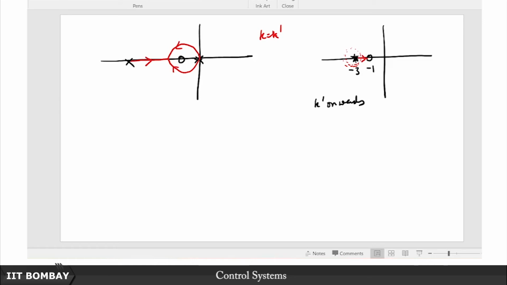Since there are 3 poles here, the angle made by this phasor is pi. So I have the angle with the 0, summation theta zi is equal to pi, summation theta pi is equal to some unknown theta, let us say, so theta plus theta plus theta, because the angle of departure from this is going to give me the direction along which it breaks away. So now it is going to be 3 theta, alright.